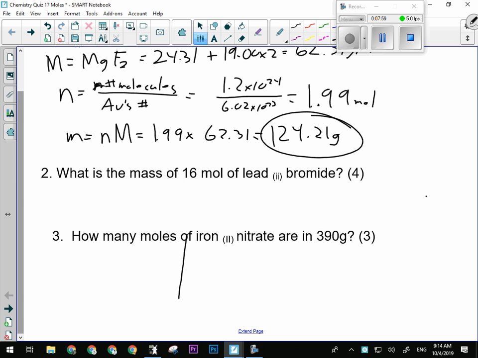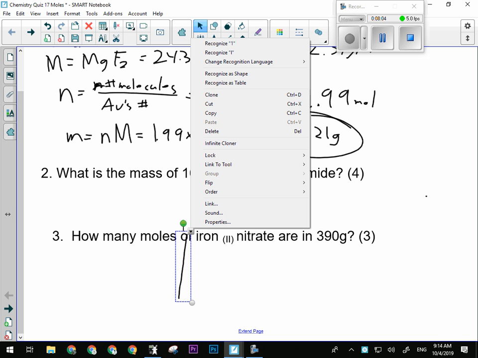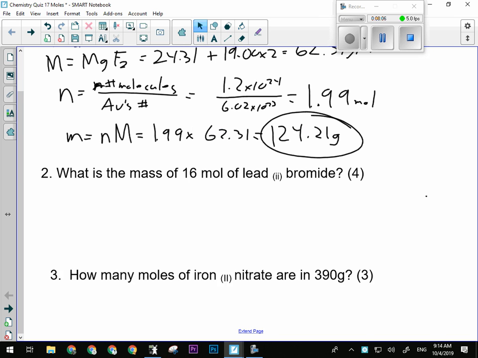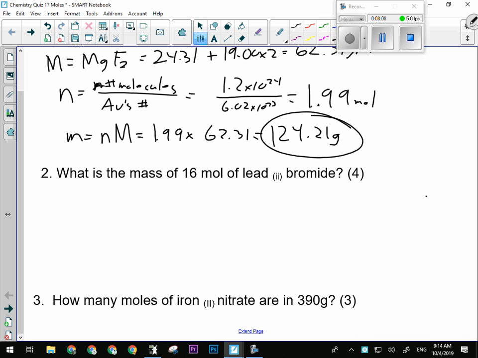For number 2, we're looking for the mass of 16 moles of lead bromide. They told us n, 16 moles, and they told us the material, lead 2 bromide. So that'll be PbBr2, because the Roman numeral tells me to use the 2 plus when I drop and swap.